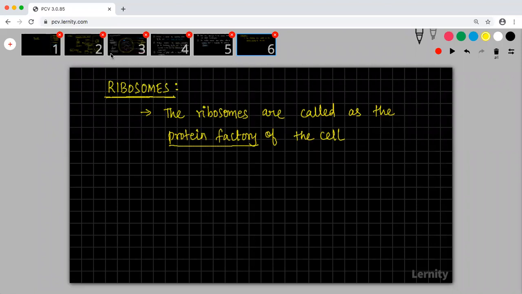Lipids are not produced in ribosomes. Please don't confuse yourself. Only proteins are made in ribosomes. So lipids are not made in ribosomes. The ribosomes are called the protein factory of the cell.